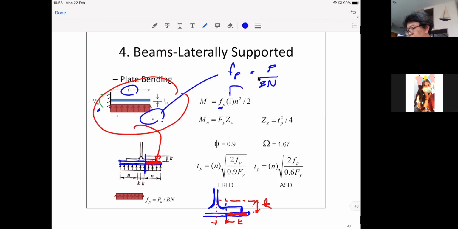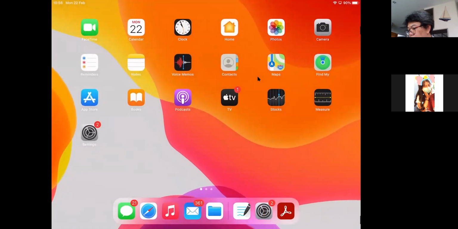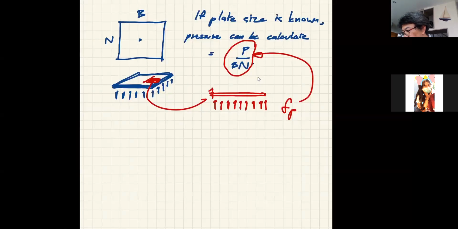And this indicates that we are now considering that this beam has the width equal to 1. You can design the entire plate, but it's the same, so might as well design it with the width equal to 1.